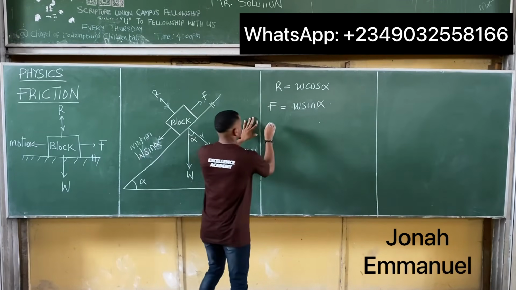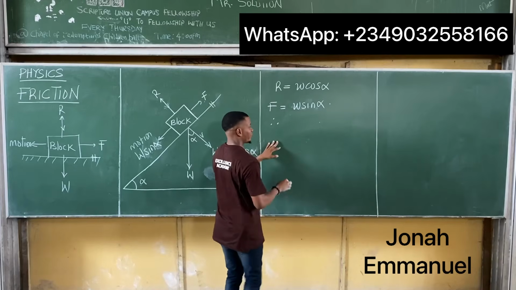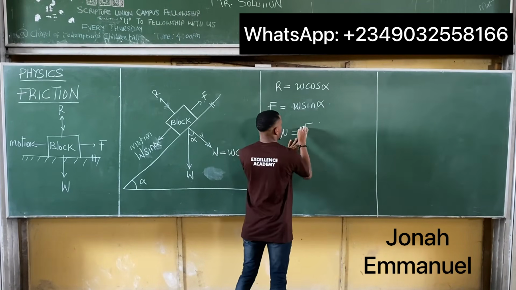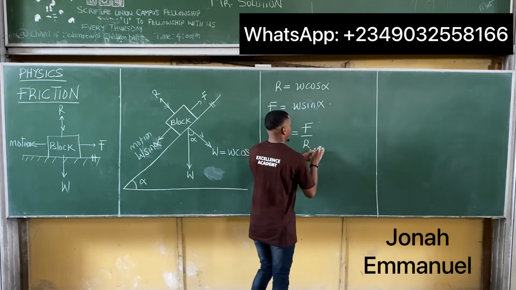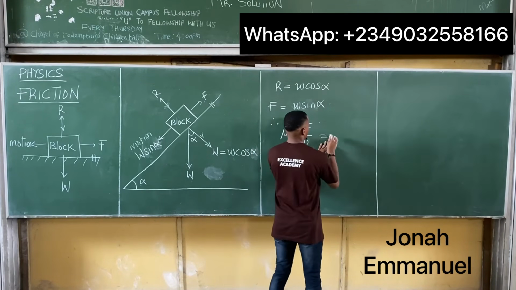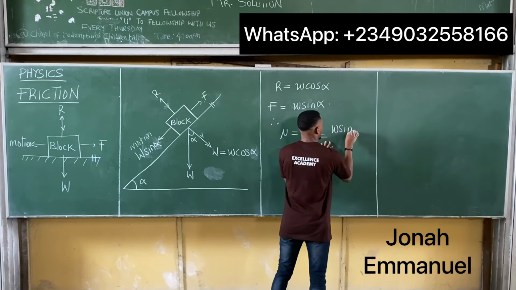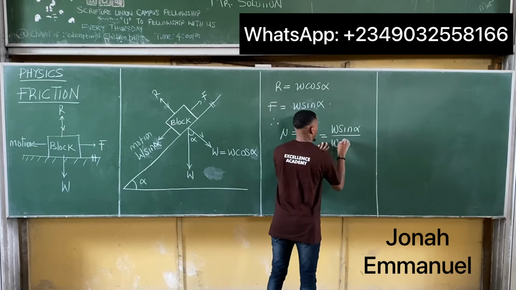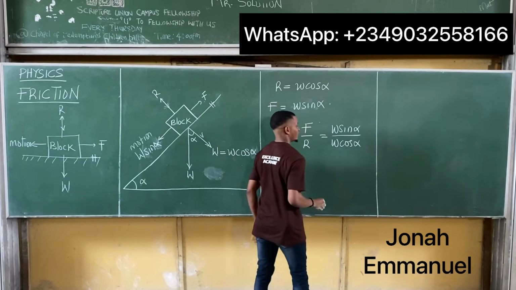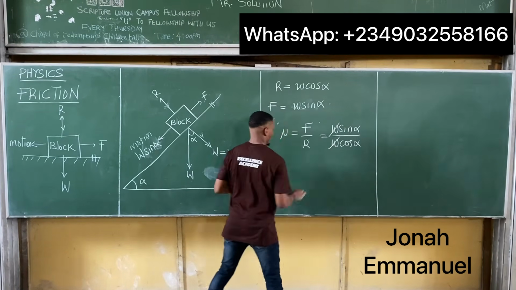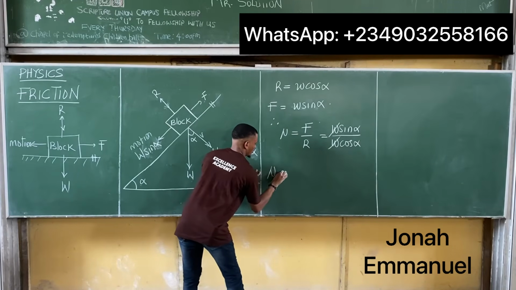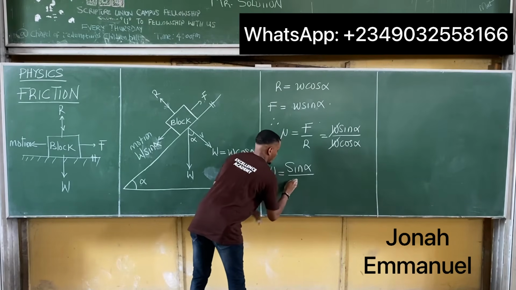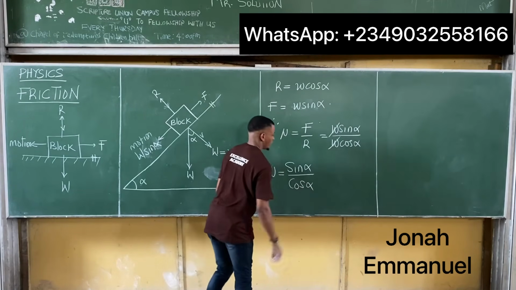Therefore, the coefficient of friction, this mu, is equal to F all over R. F is W sine alpha, all over R, which is W cos alpha. From here, W cancels W. So the coefficient of friction is equal to sine of alpha all over cos of alpha.